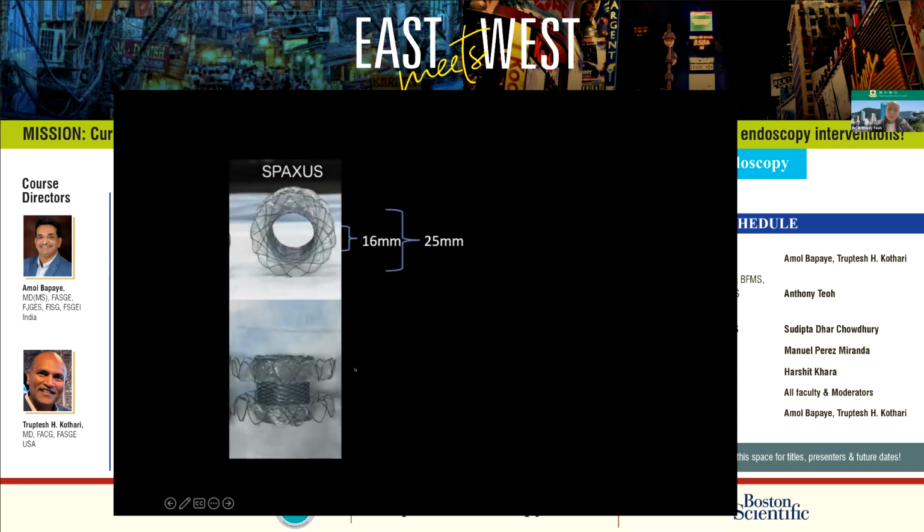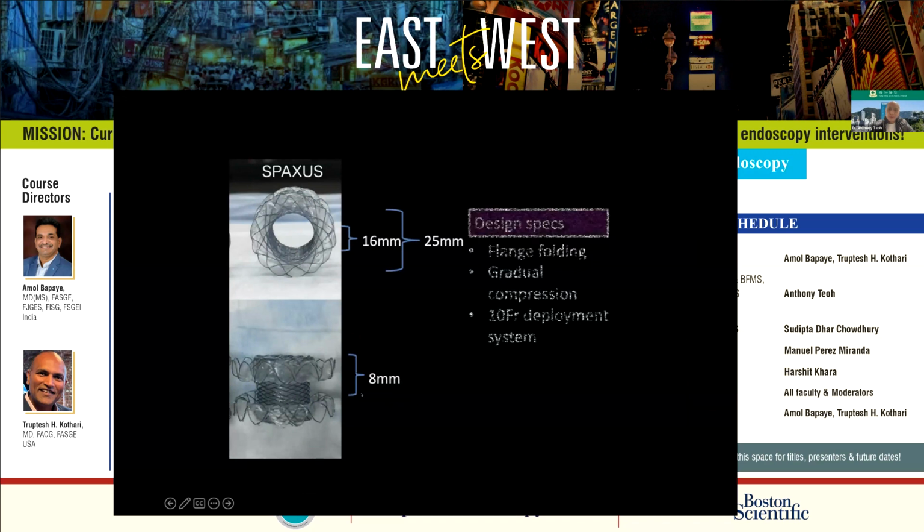For the SPAXUS, again, it comes in various sizes now. I didn't write it out here, but it comes in 8, 10, and 16 millimeter diameters, and also various lengths, like 2, 3, and 4 centimeters long. For the SPAXUS stent, the flange folds back on itself, so it's a bit different in terms of design.